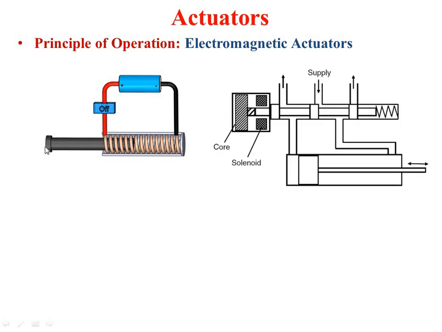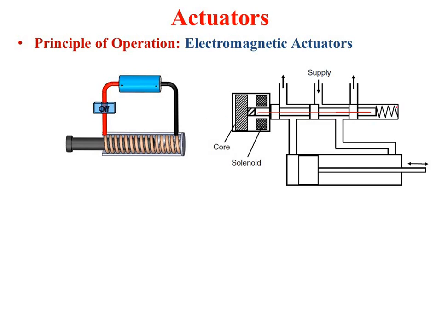Now this is the principle where the solenoid is actually applied to your pneumatic or hydraulic valve. So you can see that here it is your core and here it is your coil. So when you supply the current to this coil, what will happen? Because of that, this core, which is attached to this rod, which is attached to this piston, will move to and fro, and spring action is there.